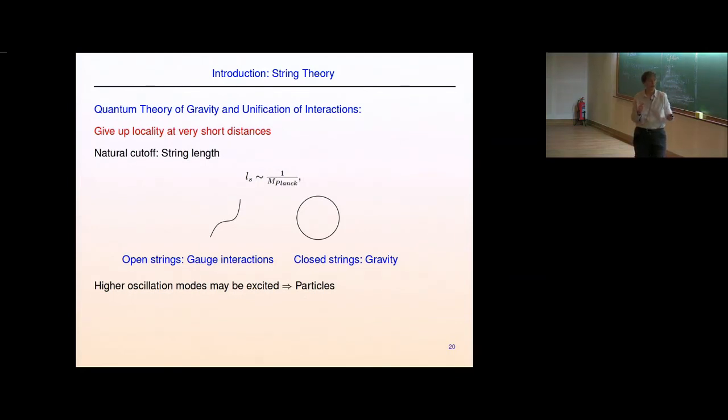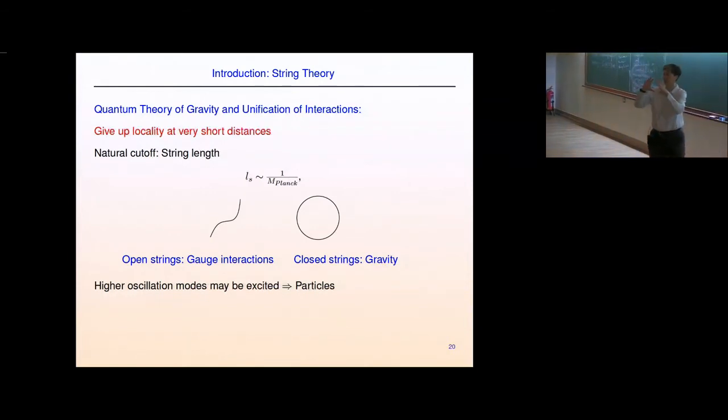On the other hand, you can also have closed strings, which don't have endpoints. There it turns out that the massless mode is actually a quadrupole fluctuation. If you have your string, it goes like this, like that, like this, like that. This is the quadrupole, and a quadrupole moment has two indices, so it's more like a metric.